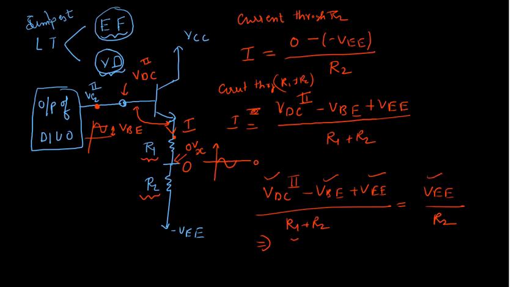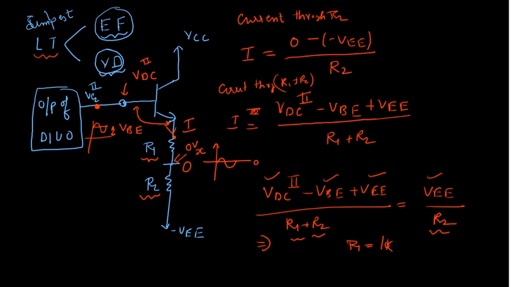So you have to choose the values of R1 and R2 in such a way that this equation is satisfied. You can fix R1 to, for example, some 1K, and then accordingly you can set R2, right? Which will give you the answer of how you should choose R1 and R2 in order to make the level translator.